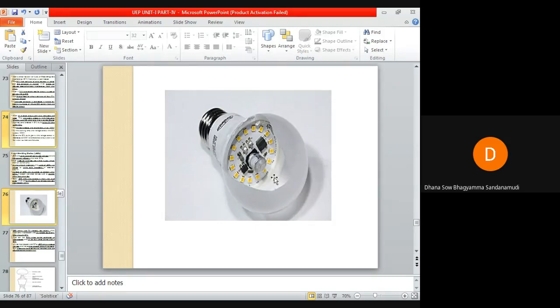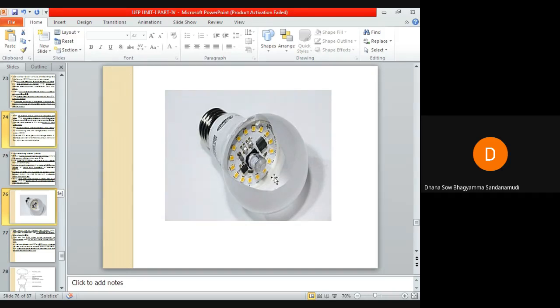Okay, unlike incandescent, CFL and LED lamps produce less heat. In incandescent lamps, we already know. I don't know whether you people know or not, because nowadays nobody is using incandescent lamps. When I was in BTech, at that period people used to use incandescent lamps, and when the lamp is glowing, automatically it produces heat.